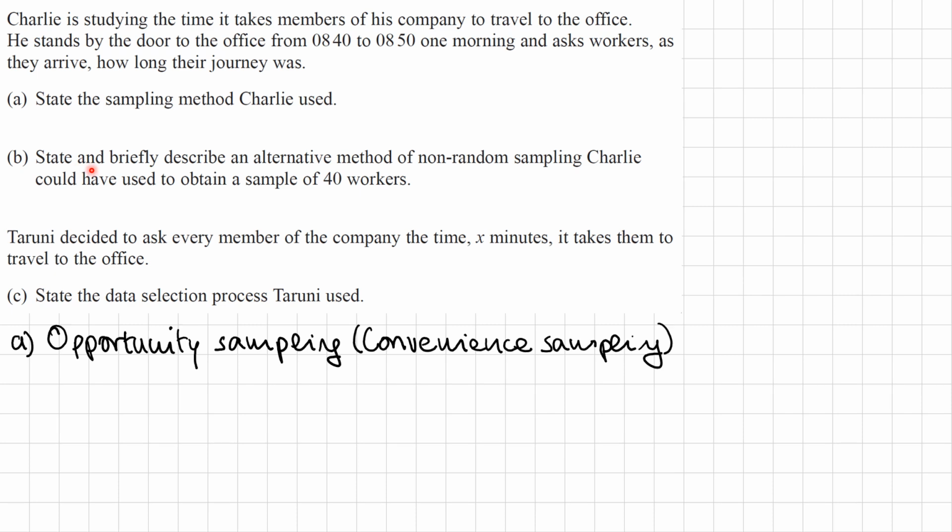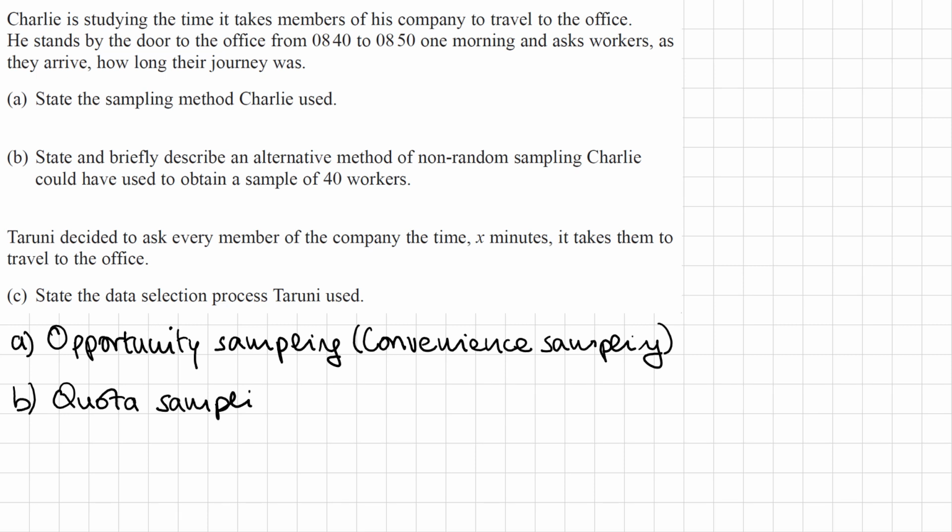Part B, state and briefly describe an alternative method of non-random sampling Charlie could have used to obtain a sample of 40 workers. Since opportunity sampling is a type of non-random sample, there's only one other type of non-random sampling that we need to know about, and that is quota sampling.